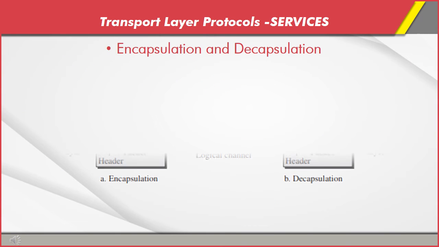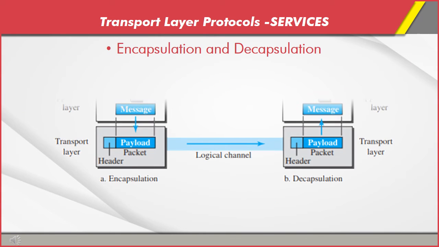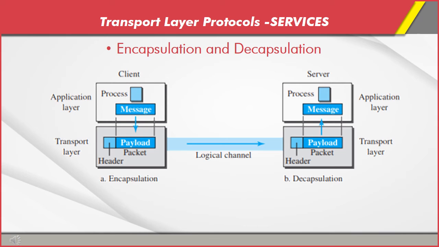Encapsulation happens at the sender side. When a process has a message to send, it passes the message to the transport layer along with a pair of socket addresses and some other pieces of information, which depend on the transport layer protocol. The transport layer receives the data and adds the transport layer header to it.